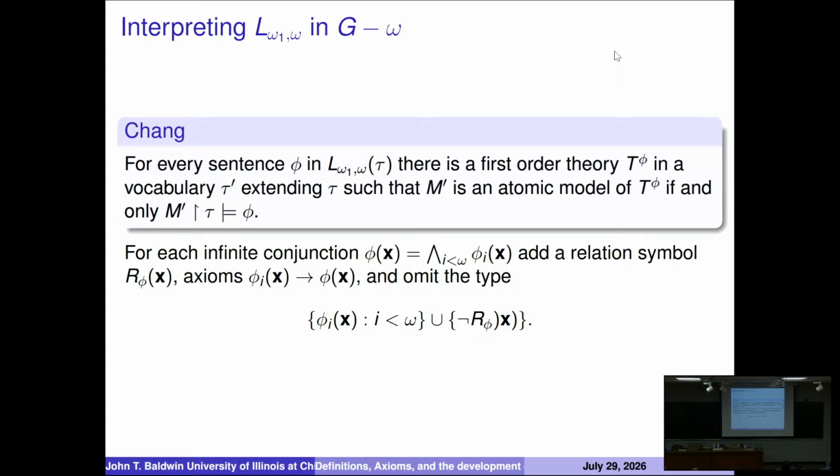So for each infinite conjunction, you add a relation symbol R phi of x, and you add the axioms: phi sub i of x implies R phi. Then you consider the type having all the phi sub i of x's, but not R phi. That type you want to omit in any model.